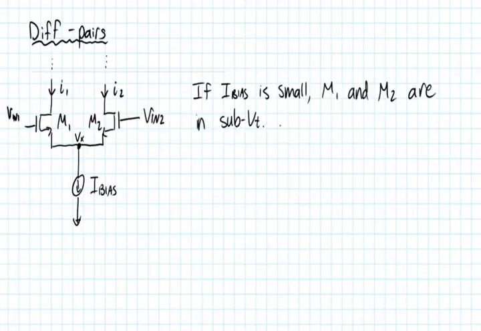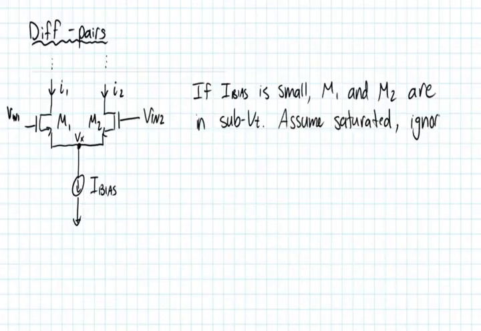But let's assume that they are in subthreshold, and further, let's assume that within the subthreshold domain they are saturated. What that means is that VDS is larger than roughly 100 millivolts at room temperature. And further, for the purposes of this analysis, let's ignore the body effect, and let's also ignore DIBL.